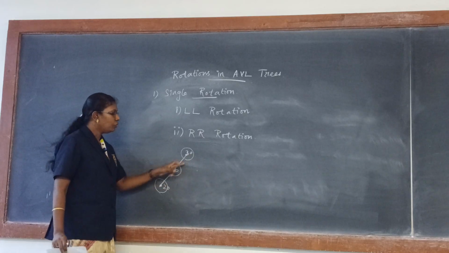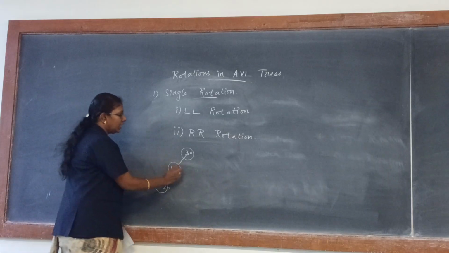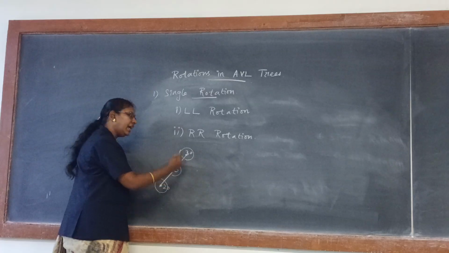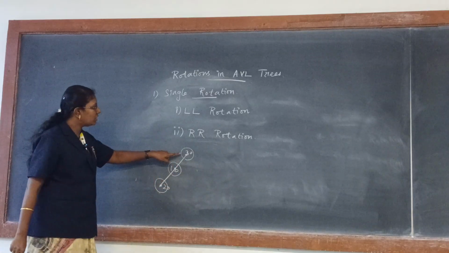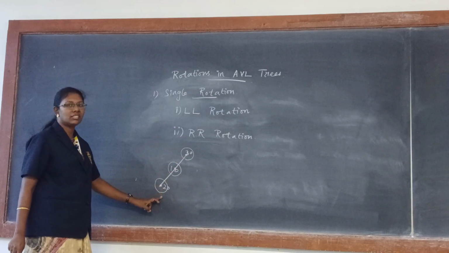That means here I am going to perform some rotation, in the sense I am keeping any one point as a pivot point. I can use this 30th position, or this 10, or this 20 also.